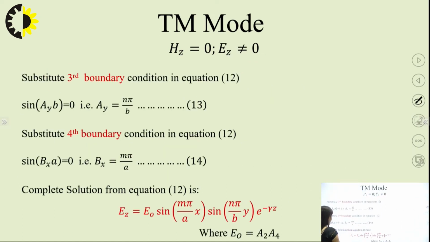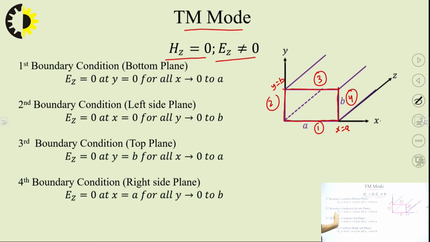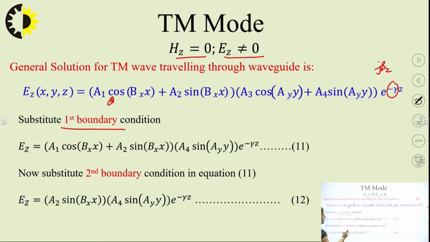So first we will put the first boundary condition in this equation. The first boundary condition is that Ez is 0 at y equal to 0. So y is equal to 0, it means cos 0 will be 1 and sin 0 will be 0. So your equation will be reduced to (a1 cos bx x plus a2 sin bx x) into a3, and this is equal to 0.